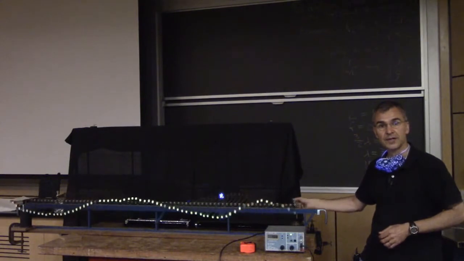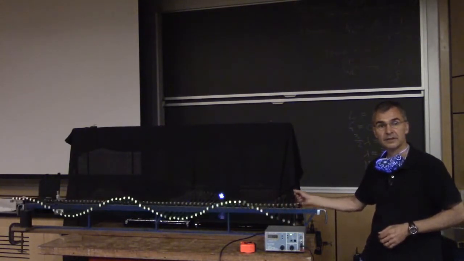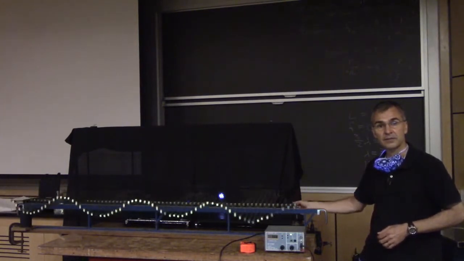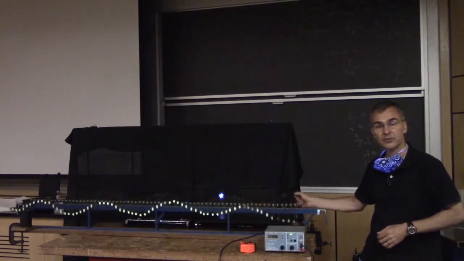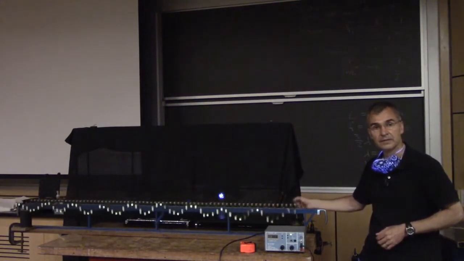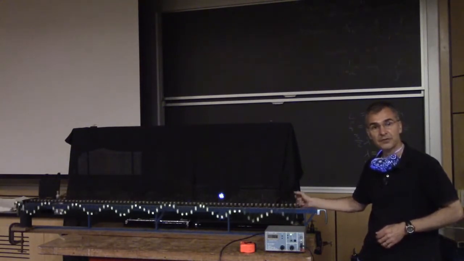And then I'll go a little faster. And you can see the wavelength gets smaller. And I'll go faster yet. Higher frequency. You can see the wavelength gets smaller yet. I'll try to go about twice as high in frequency. Let me see. Yeah. So I think that's pretty believable that the wavelength is inversely proportional to the frequency.